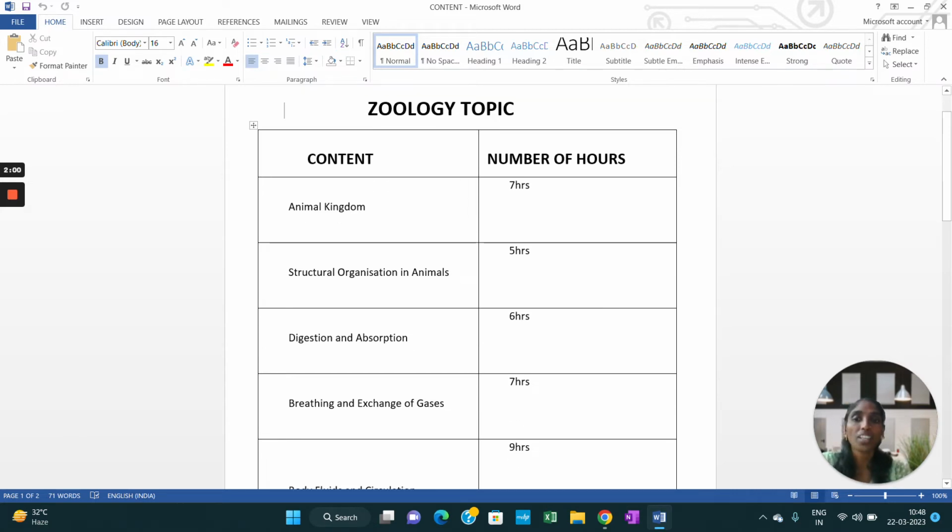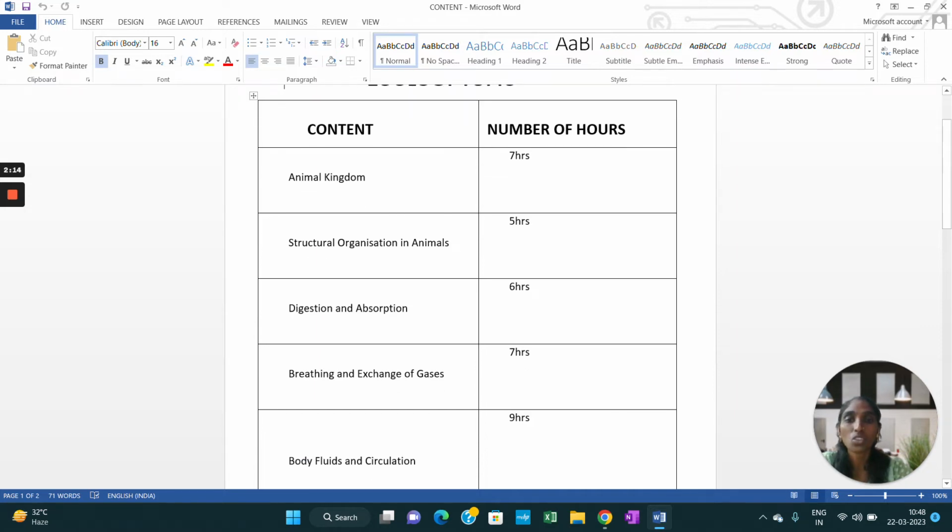And the second topic, structural organization in animals. It carries 5 hours. In this topic, we are going to discuss epithelial tissue, connective tissue, neural tissue and muscular tissue. And moving on to the third topic, that is digestion and absorption, which carries 6 hours.